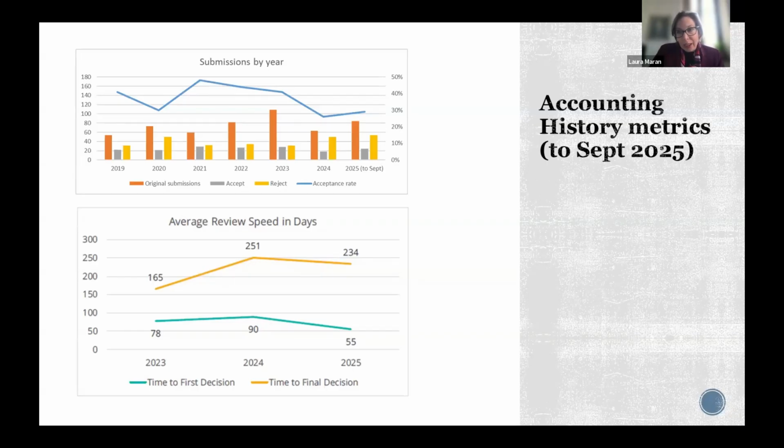As you can see, the rejection rate is quite high, around 70%, and the time to first decision and to final decision is also quite long. This length of time is expected to be used to improve the quality of the paper, especially for papers that are still a bit immature, to let them grow within the journal and within its time frame and framing.